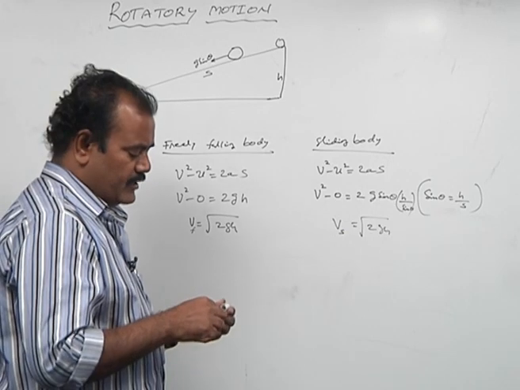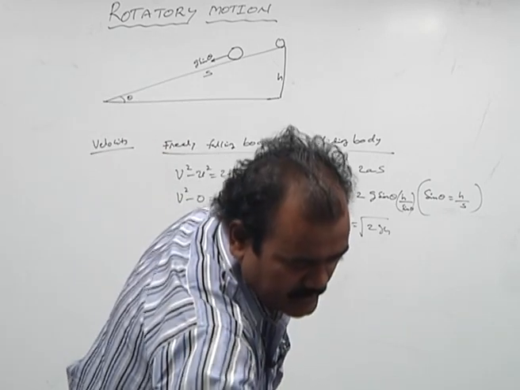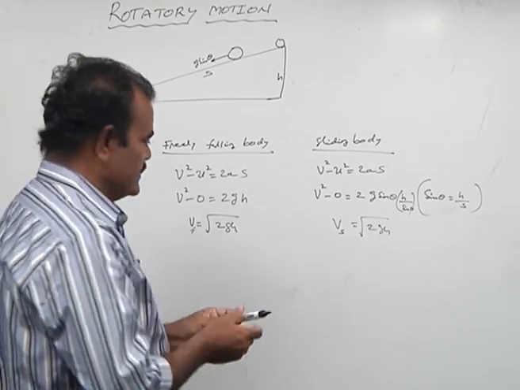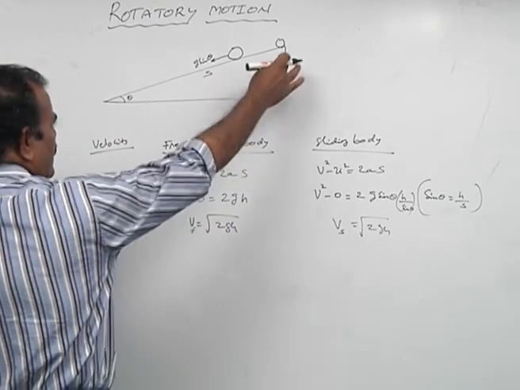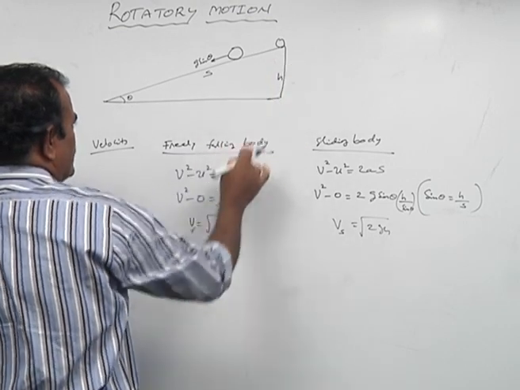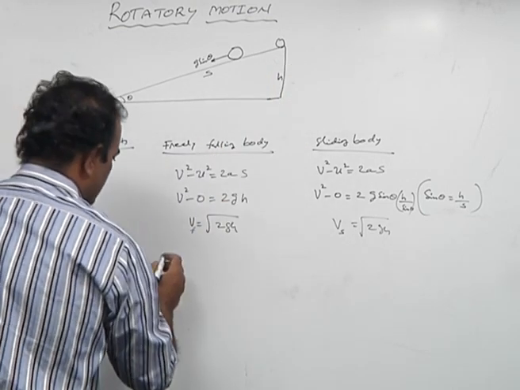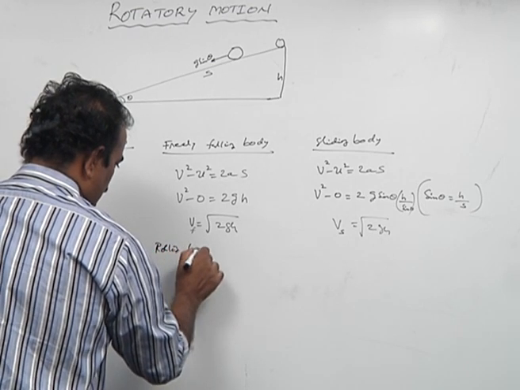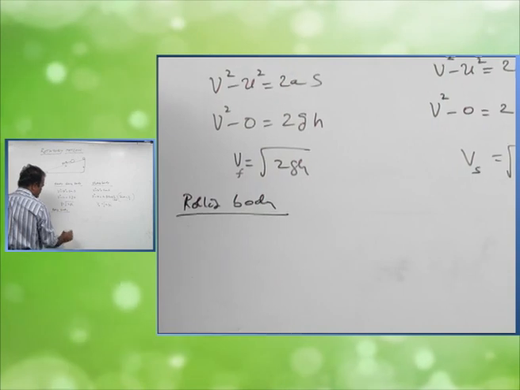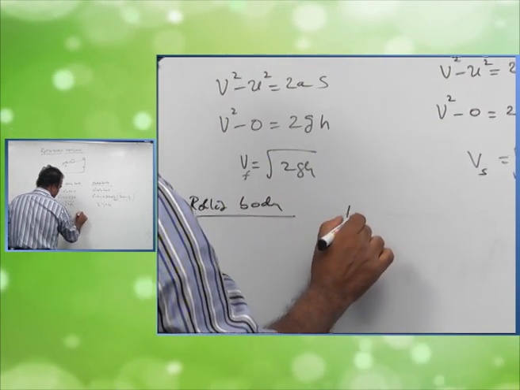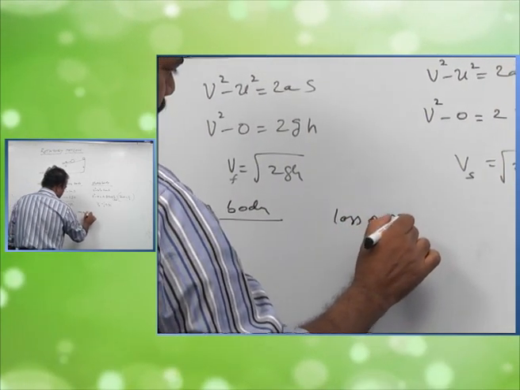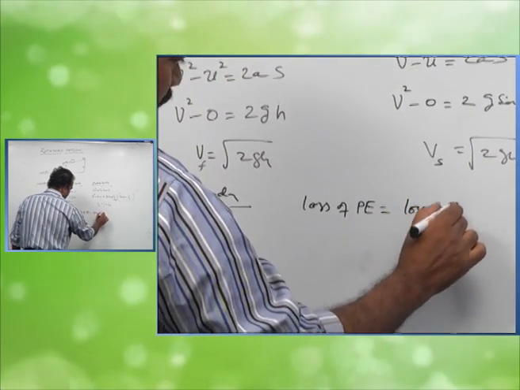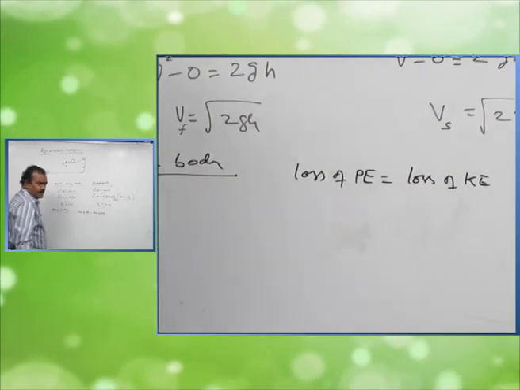For the rolling body, you have to get the velocity by applying the conservation of energy. That is, loss of potential energy is equal to gain of kinetic energy. According to conservation of energy, loss of PE is the gain of KE of that rolling body at the bottom of the inclined plane.